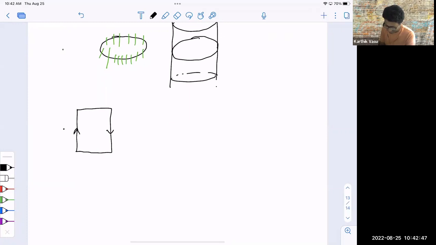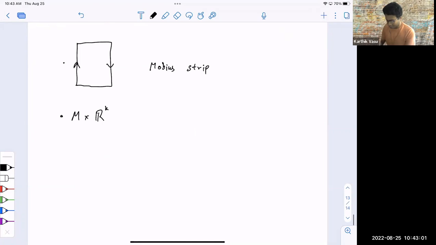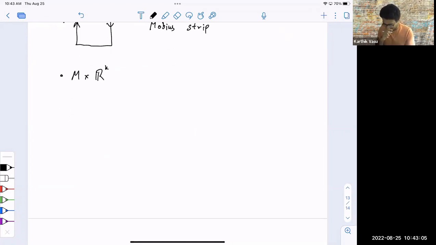One example, second. This is S1 cross R. And in general, there were other trivial bundles, which is S1 cross R^k, sorry, M cross R^k, where M is any manifold.